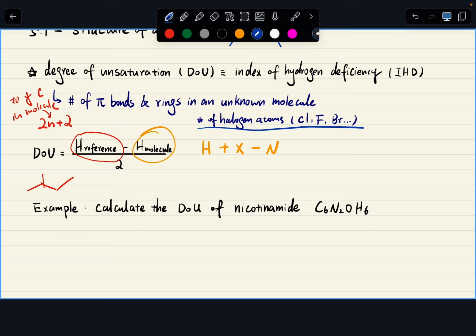If you have chlorine, fluorine, or bromine, you want to add that X into the formula, and you want to subtract the number of nitrogens. Knowing the degree of unsaturation can help us draw the molecule correctly. And if we have oxygen, just ignore oxygen in the calculation. Oxygen doesn't contribute to this.